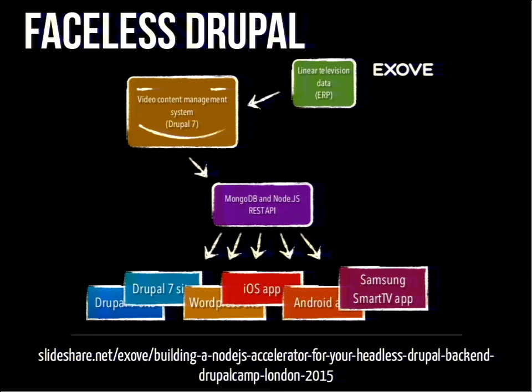Yeah, so I just wanted to share this architecture diagram because that's a good way to actually use decoupled Drupal. If you just have Drupal and then your Angular or React app, I don't think it's a good use of your time to develop that.